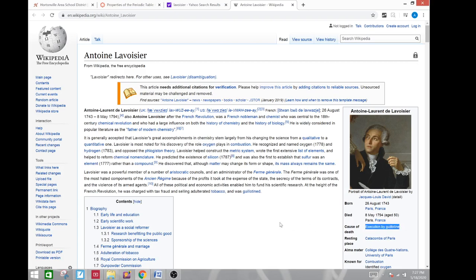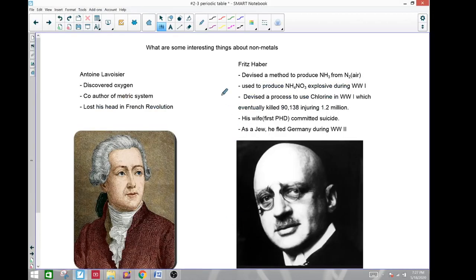All right, nice. So with that being said, another guy here, Fritz Haber, devised a method of producing ammonia from nitrogen in air. He used it to produce ammonium nitrate explosives during World War I. He devised a process to use chlorine in World War I, which eventually killed over 90,000 people, injuring 1.23 million.